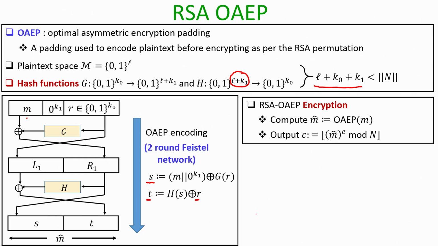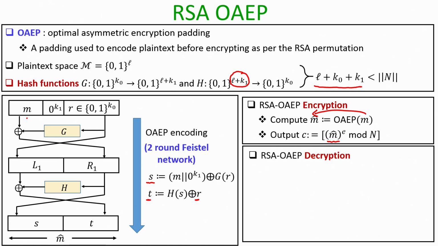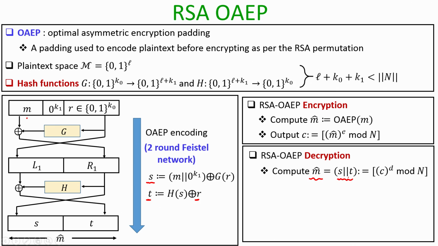We do the encryption by mapping m to m hat as per the OAEP, and then computing the output of the RSA function on the element m hat. To do the decryption, we obtain m hat from the ciphertext by computing the inverse RSA function and parse it as a left half and a right half. We know what the expected left half and right half should be, and then we invert the Feistel network.